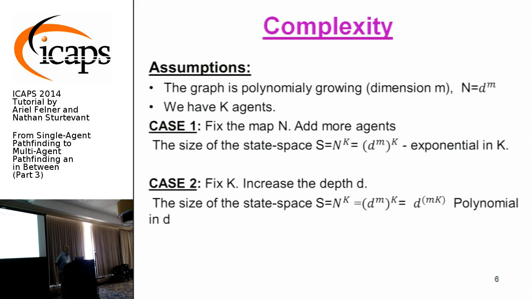It's exponential in k. Every agent that I add, my state space of ways to place all the agents in the graph grows exponentially. However, if you fix the number of agents but increase the depth of your graph, then this is polynomial in d, because m and k are constants. So multi-agent pathfinding is in some sense exponential in the number of agents but polynomial in the depth of your graph. It's like a hybrid of both domains.